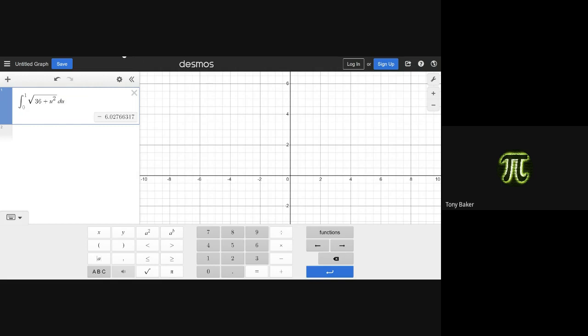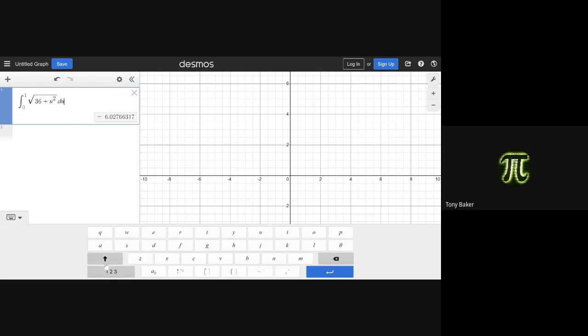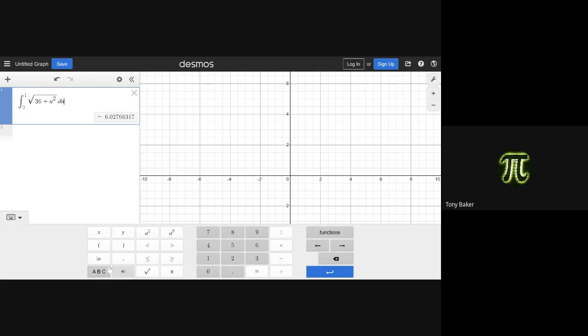You can use X, it doesn't matter. Well, now you have to use the keyboard to get the U. The X is right there. The ABC button gives you another keyboard.